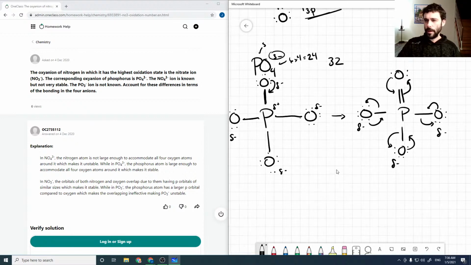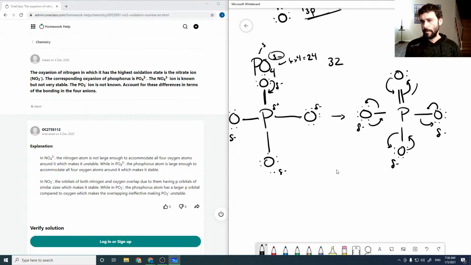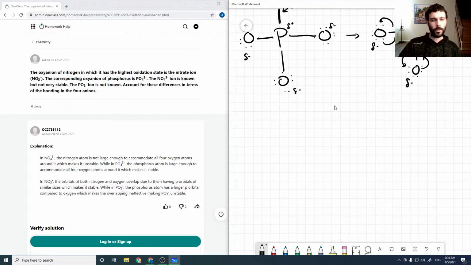And this double bond, even though this double bond would be fairly weak, as it's going to be a phosphorus 3d with an oxygen 2p, we've got lots of space to do this, and the charge delocalization will help to stabilize the structure.